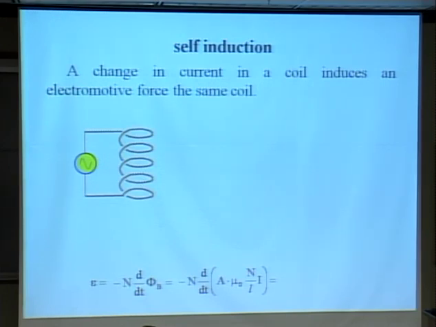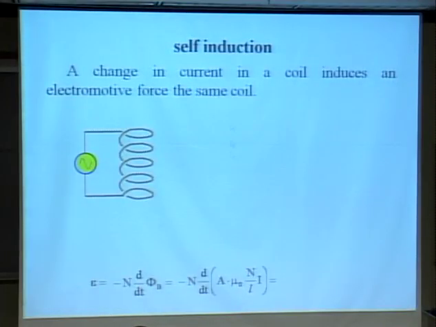So when we calculate the scalar product, we will have the magnitude of the first vector times the magnitude of the second vector times cosine of 0 degrees. Now the magnitude of the first vector is the cross-sectional area of that solenoid. The magnitude of the second vector is the magnetic field strength.